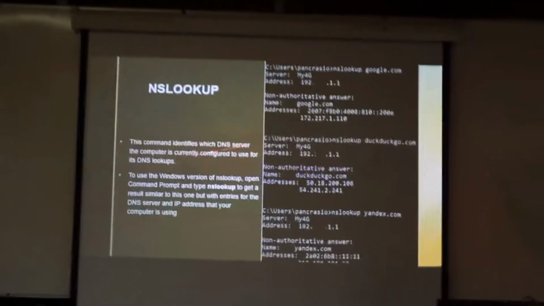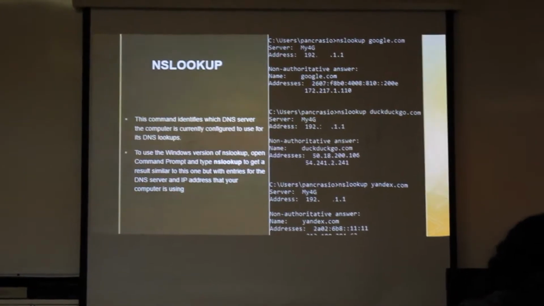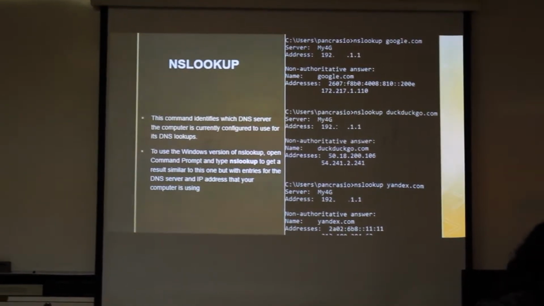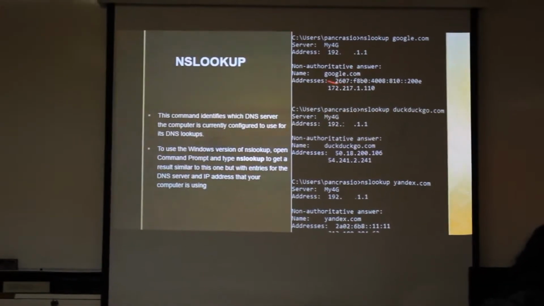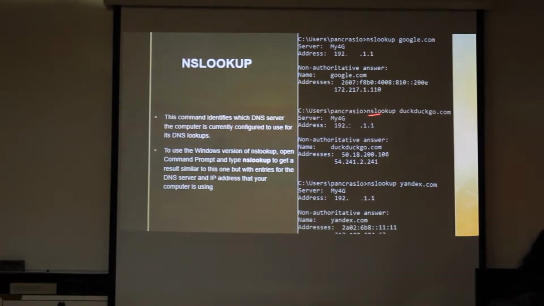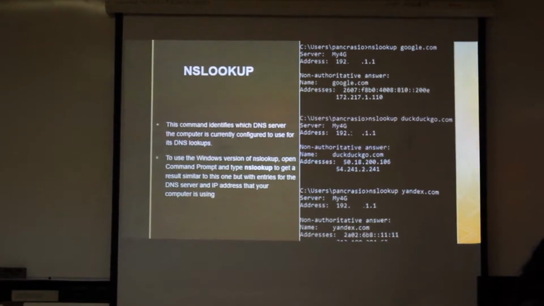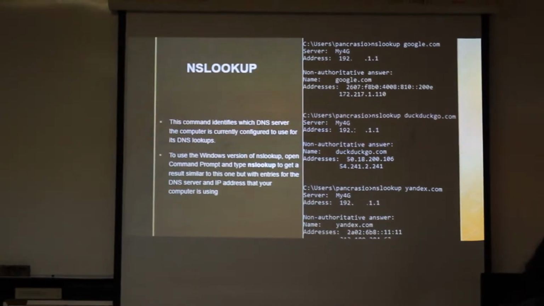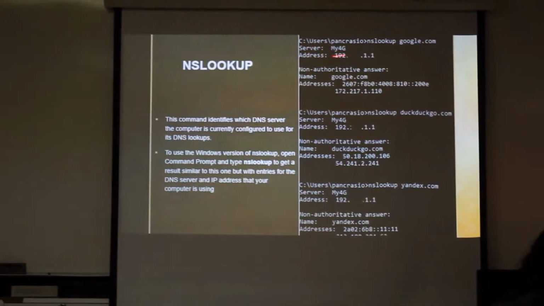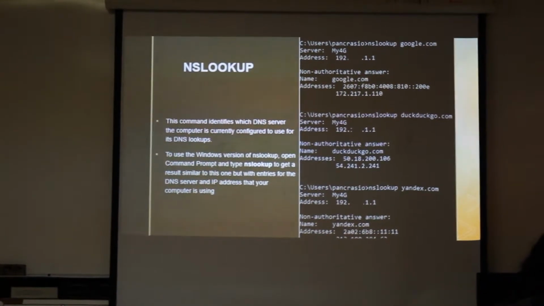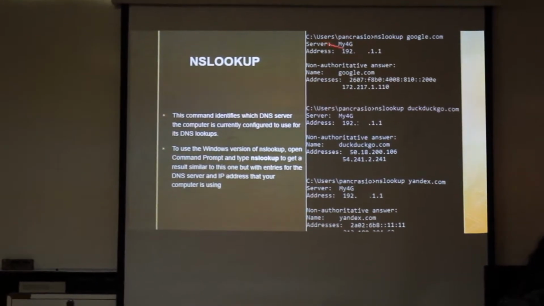This is a command that I tried in Windows. What this command does is that you enter a domain name and it answers you with the IP address of that domain. The interesting thing is that it also tells you which DNS you're using. In this case, the DNS that my network service uses is my 4G.